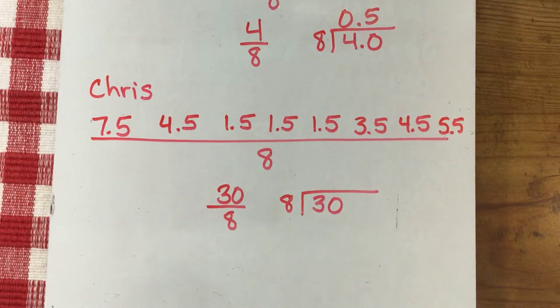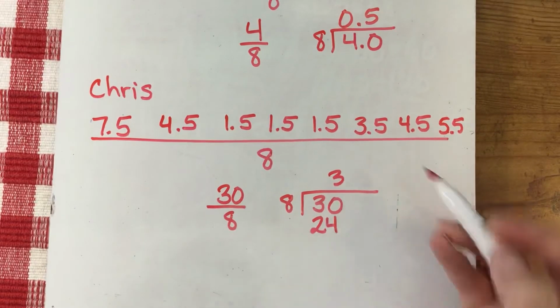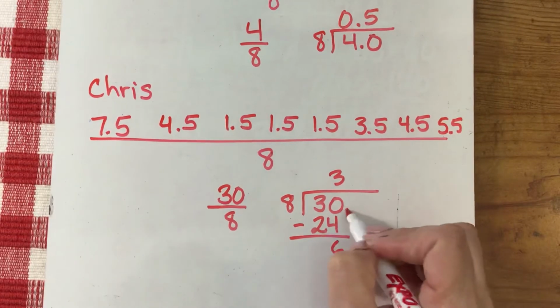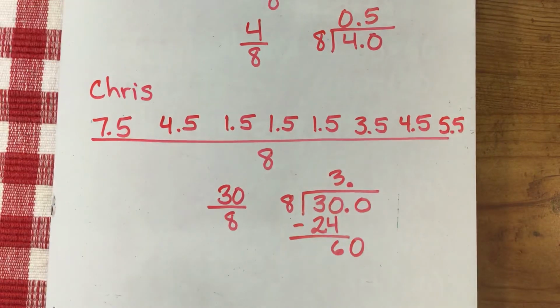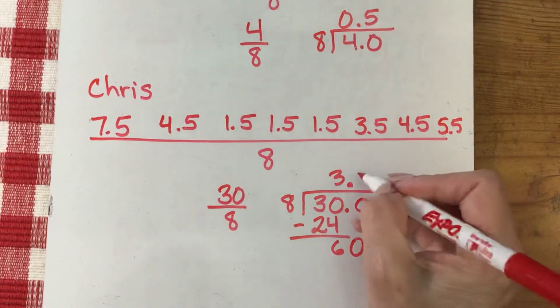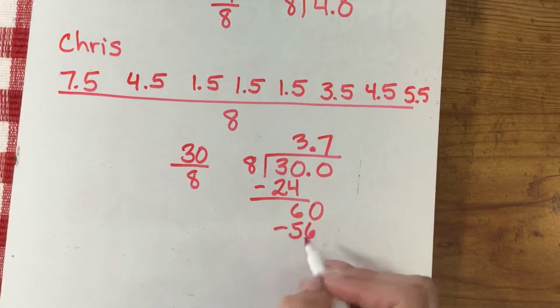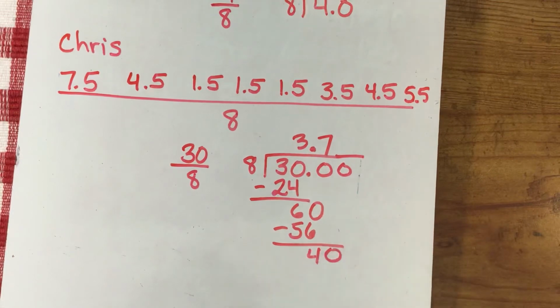Okay, 8 into 30 goes 3 times 24, and we want to keep it in decimal form, okay? 6, okay, bring down the 0. Okay, if I'm going too fast, go ahead and pause the video. 56. Okay, I'm going to keep going. Some of you did it on your calculator too, and that's fine.